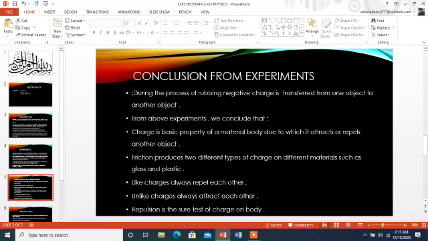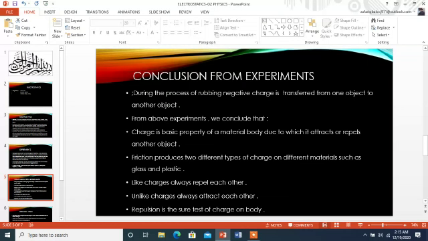Next point is, unlike charges always attract each other. So positive and negative attract each other because they are unlike charges. These are opposite charges, so they attract each other. They never repel each other.